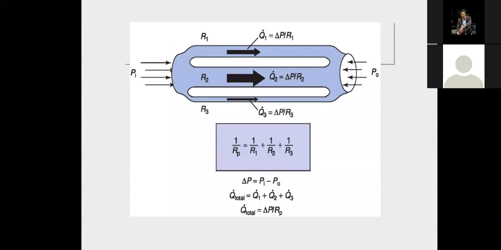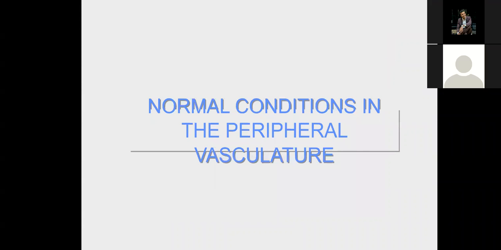So we will go to the next slide, and it's about the normal conditions in the peripheral vasculature. So we are dealing with peripheral blood flow velocity. What is the flow velocity and what is the normal flow velocity and how do we estimate them, and the peripheral blood volumes and the peripheral blood pressures and the peripheral vascular resistance.